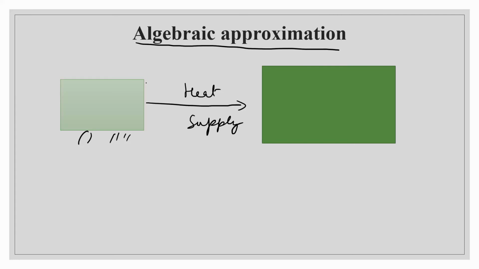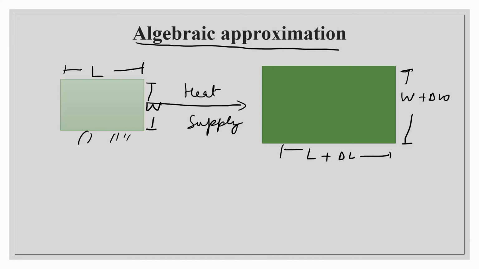Let's say the width is W and the length is L. When we supplied the heat, its length changed by delta L, and its width changed by delta W. The expansion is less or more depending upon the length of the material you are heating.